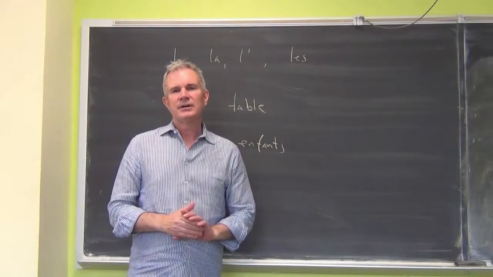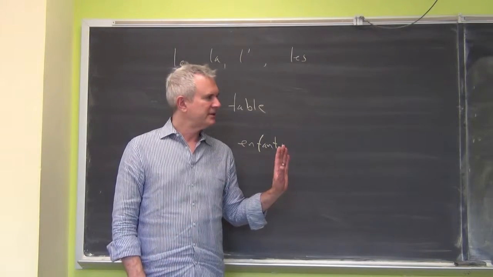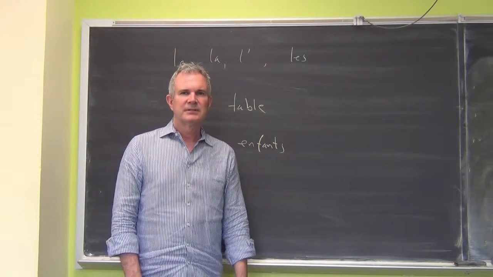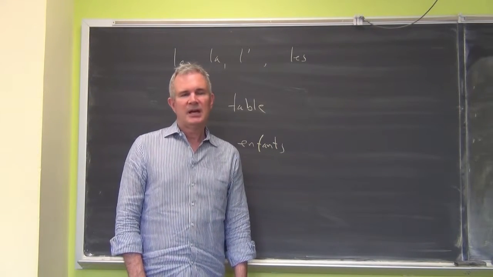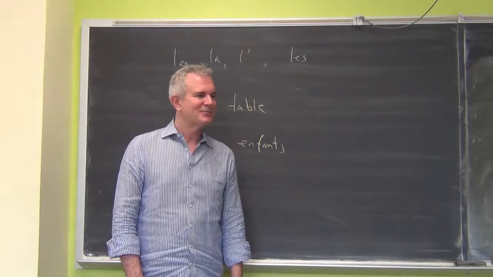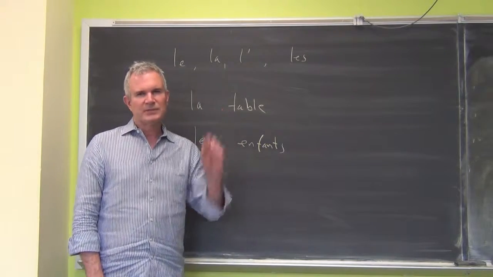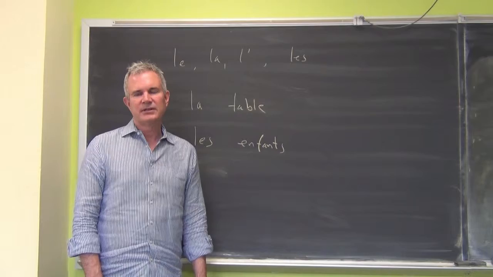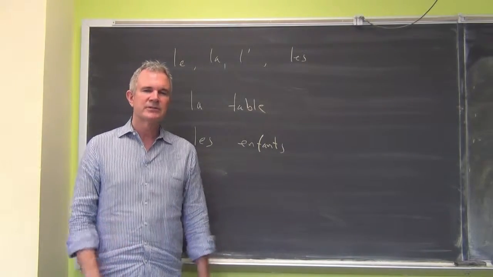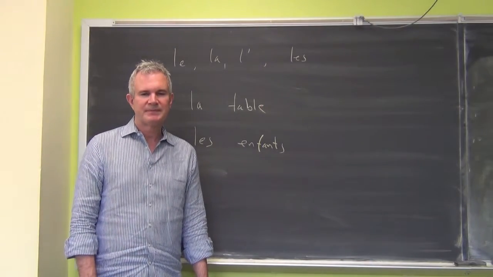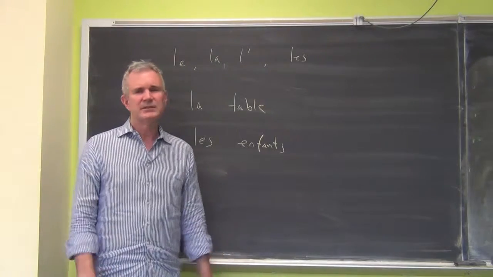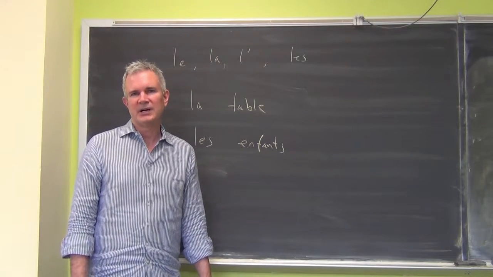The other important issue in this chapter is prepositions. And those are little words, as I mentioned, that articulate relations between nouns and nouns, nouns and verbs, or verbs and verbs. So in English, this would be things like to, from, at, by.